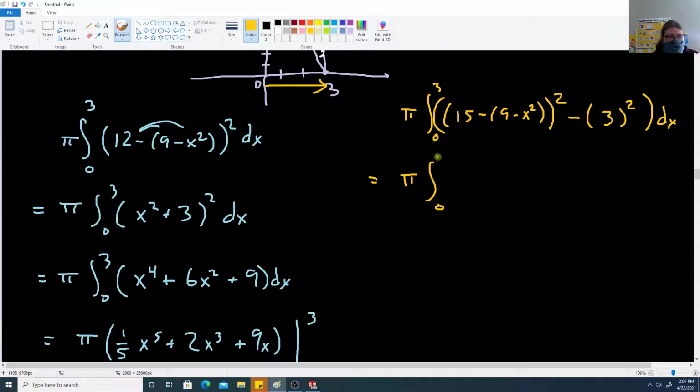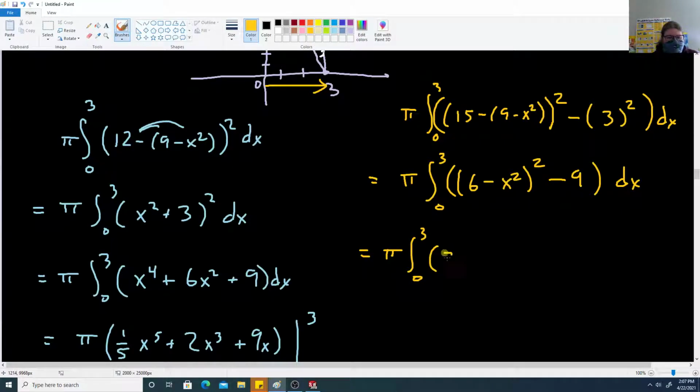We get pi integral from 0 to 3. 15 minus 9 is 6, so this will be 6 minus x squared minus 9 dx. If we FOIL it out, we'll get the integral from 0 to 3. That'll be 36 minus 12x squared plus x to the 4th minus 9 dx.